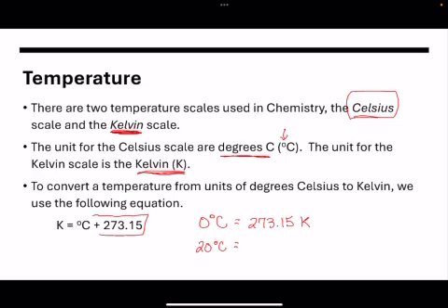And if we add 273.15 to that, it's going to be 293.15 Kelvin. And we can easily do the conversion back to Celsius if we have a Kelvin temperature by just subtracting the 273.15. So it is a very easy conversion back and forth between Kelvin and Celsius.